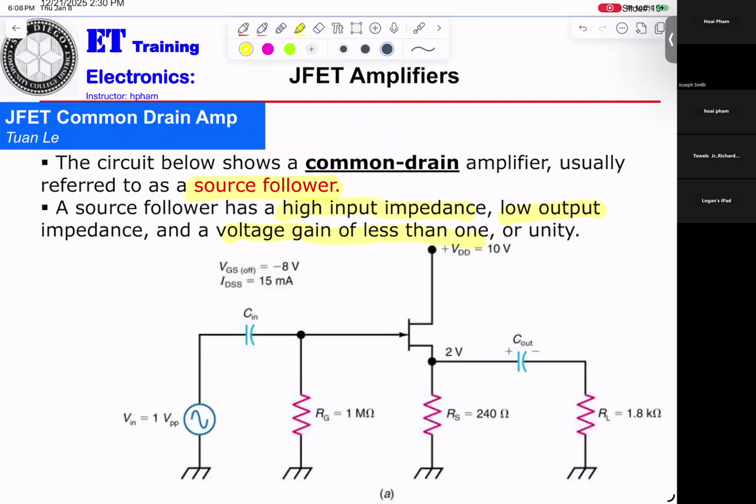That is especially for the common drain amplifier. So now on this one, when you're looking into this circuitry, you must tell me this is a common drain or source follower amplifier. That's very simple, very easy.